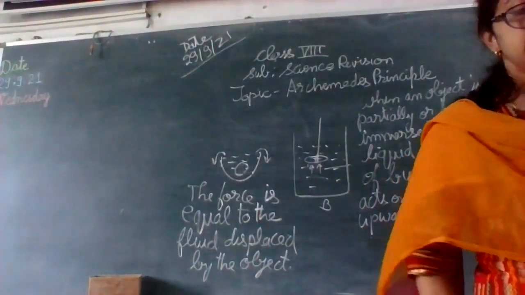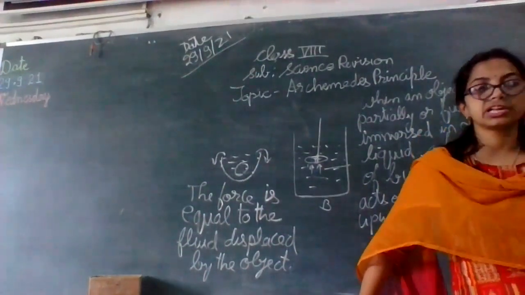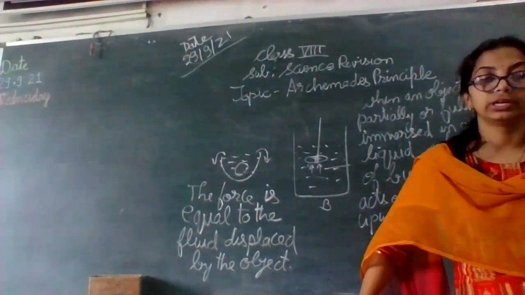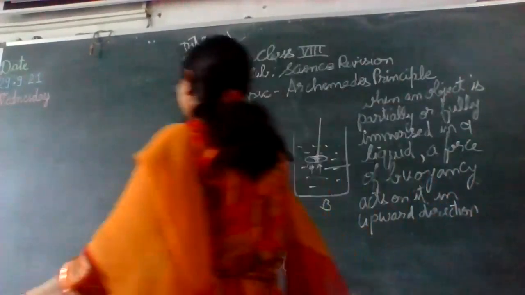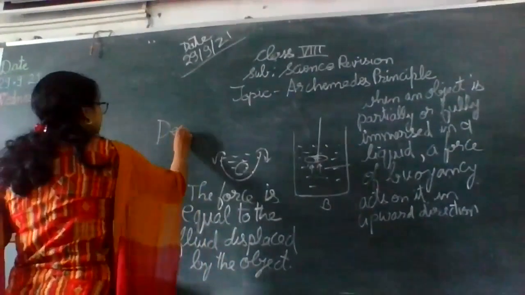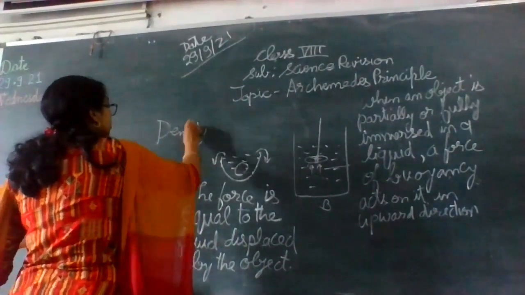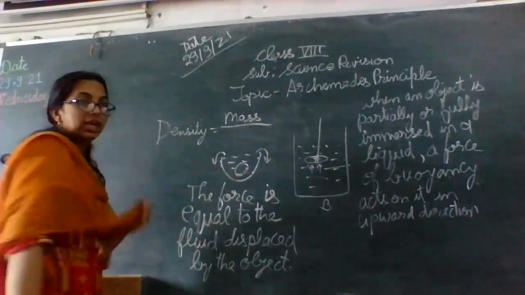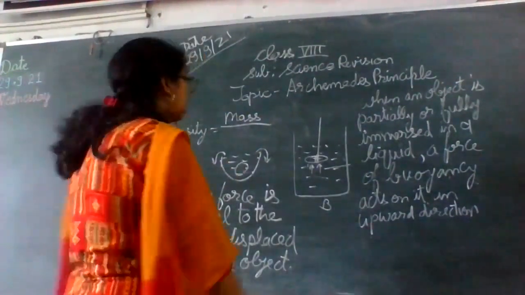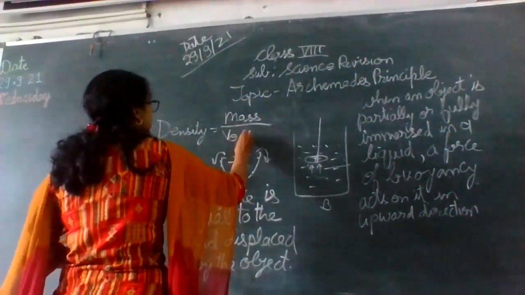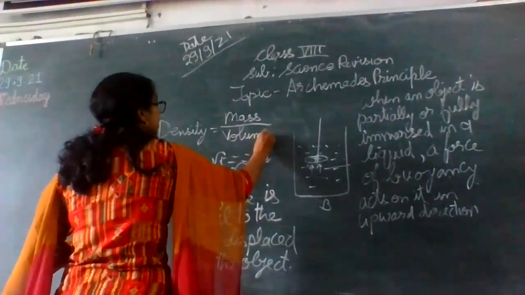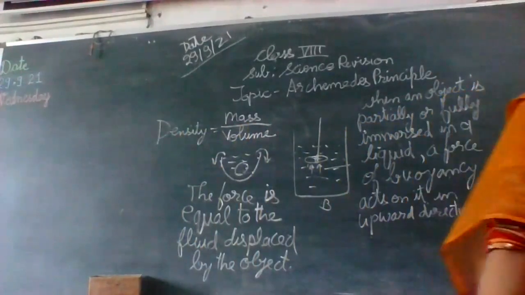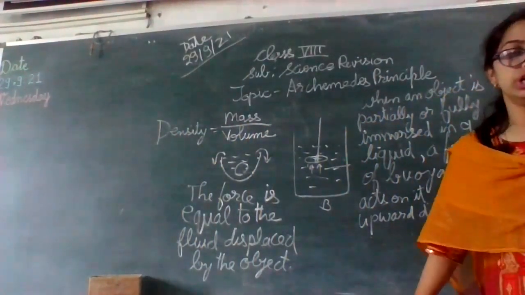Now you see density of any substance and what is the relative density related to it. We all have studied that density is equal to the mass of anything divided by the volume it is covering. Density is equal to mass by volume.